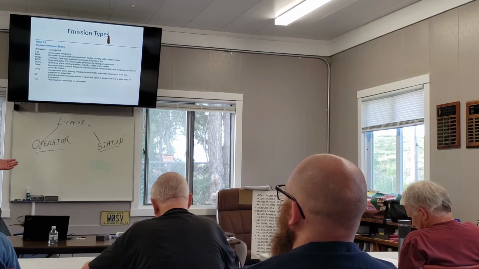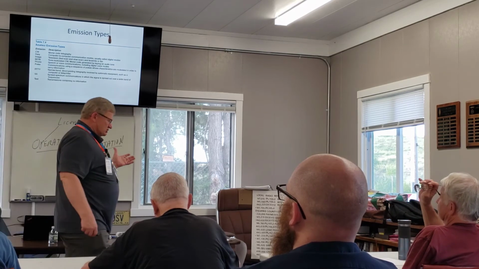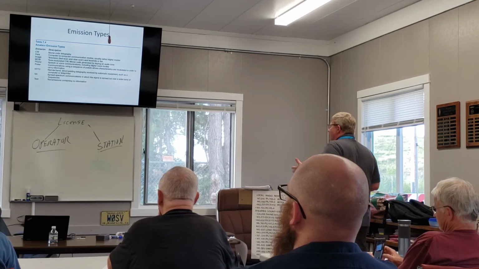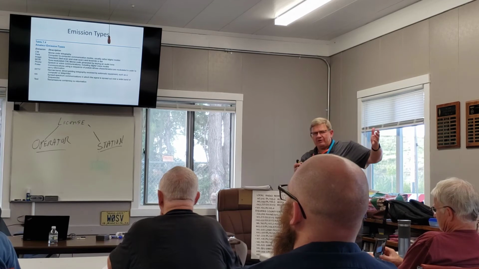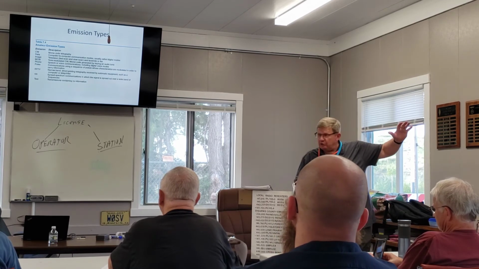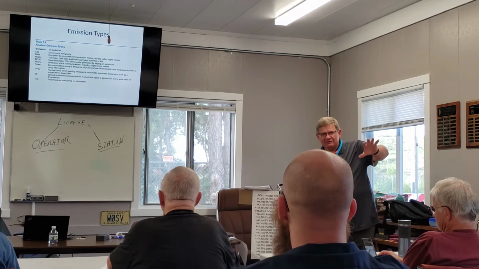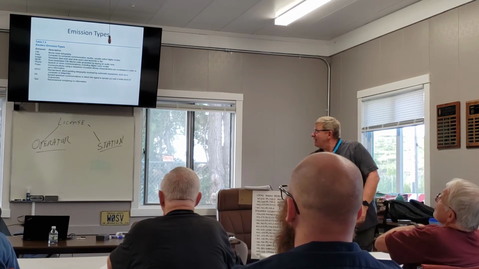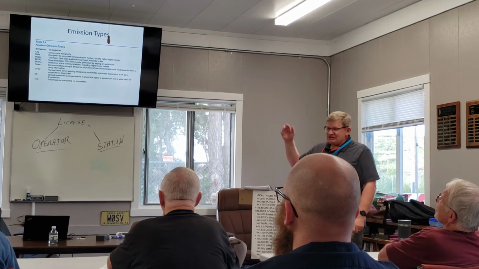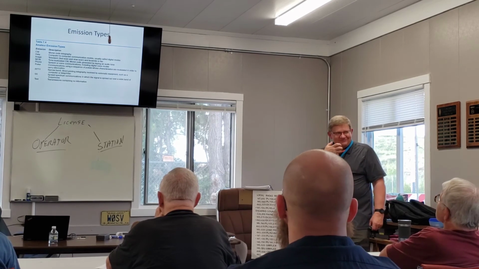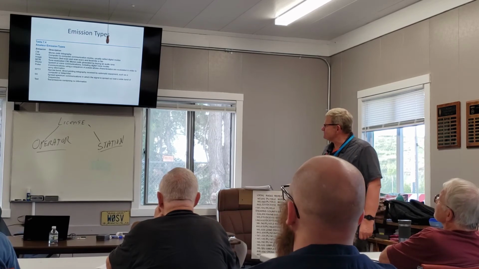So there's frequencies, and then there's emissions type, which is basically modes. What kind of mode am I doing? Am I going out with CW? Am I broadcasting data? Am I broadcasting television, fast-scan TV? Phone is equivalent to voice, right?